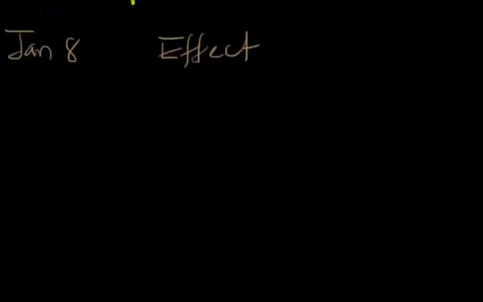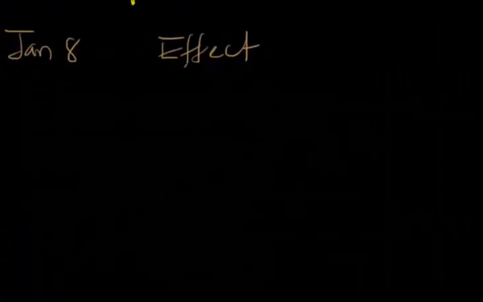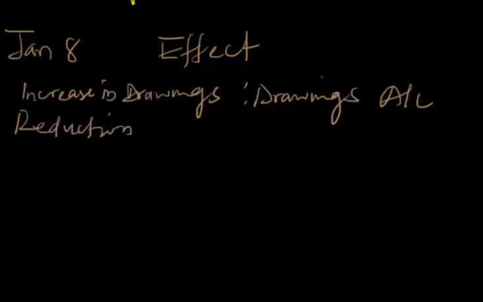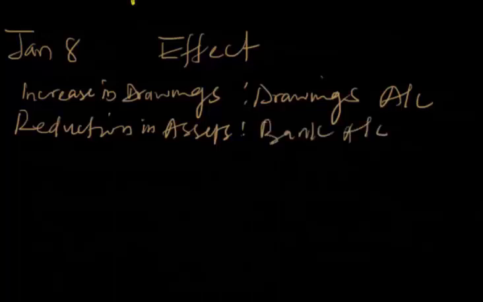Effects. There is an increase in drawings and there is a reduction in assets because bank account is given to drawings account. So we have drawings account and there is a reduction in bank, that's in assets in form of bank accounts. So action required.